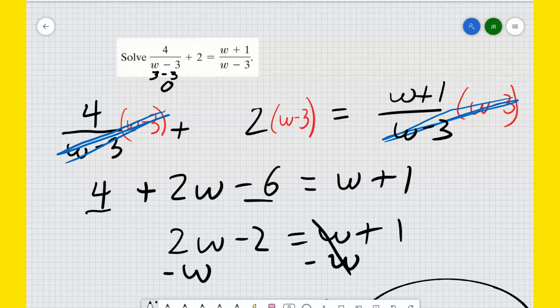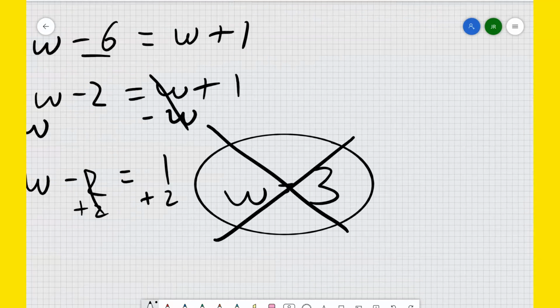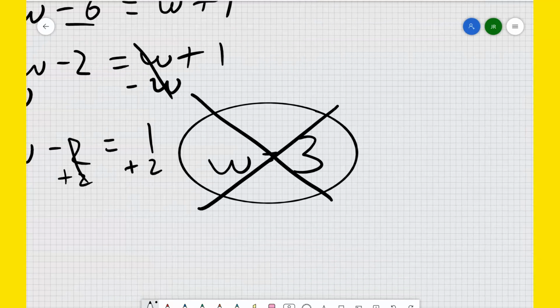And remember, you can't divide by 0. It becomes a whole undefined expression, a whole undefined value. So that's not a true solution to that equation. That's an extraneous solution. Even though it looked like it might be a solution, it is not. So really, since 3 is the only possibility and it's not going to work, then there is no solution.